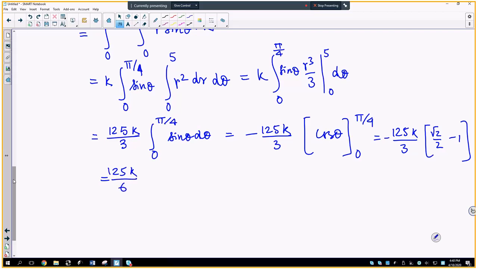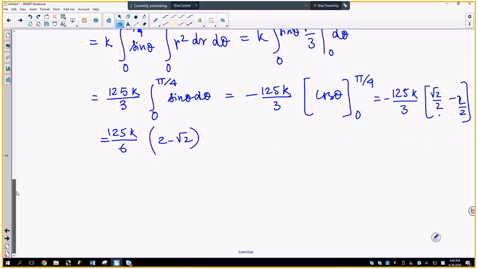Because the common denominator in this subtraction is 2. I bring that 2 out. And inside, I will get 2 minus square root of 2, because I have pushed in the minus. So this 1 you can think of as 2 over 2. So I get square root of 2 minus 2. But because I pushed the minus in, it has become 2 minus square root of 2.